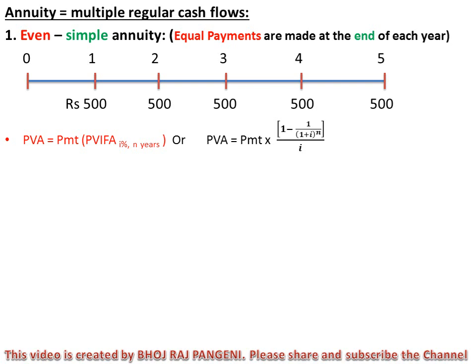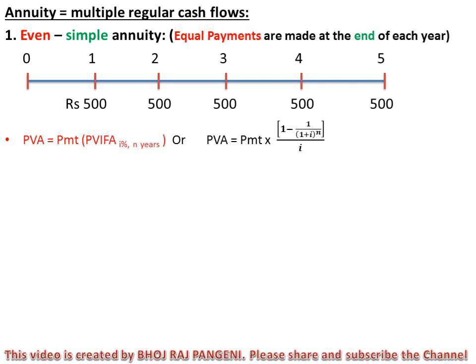Or PVA equal to PMT into 1 minus 1 upon (1 plus I) to the power n, upon whole, upon I. You can use both formulas, whichever you feel easy.